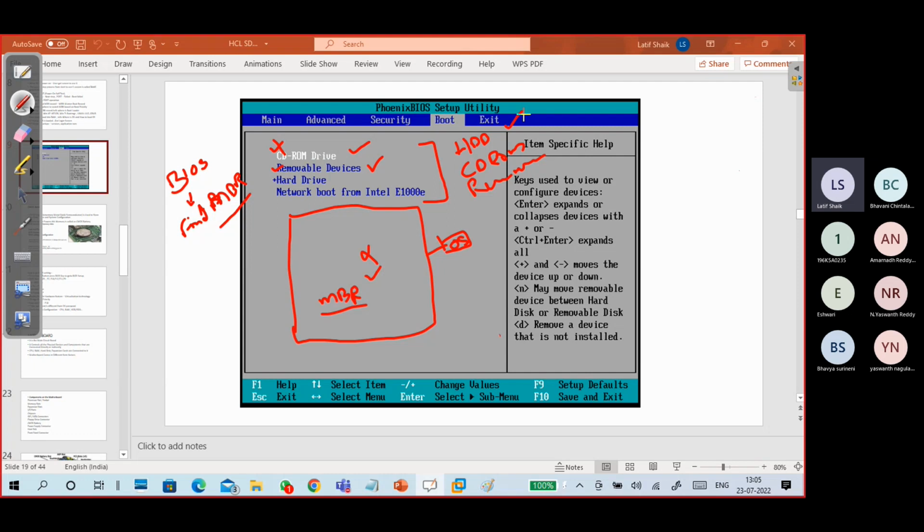First, it tries to locate the OS from the hard disk. No OS, it is an empty hard disk. No MBR record. Then it will check in the CD-ROM. Is it having any OS inside? No. Then it will verify from the removable disk. Yes, the removable disk means the pen drive having your operating system. It loads the MBR from the pen drive. So it all belongs to the priority, guys.